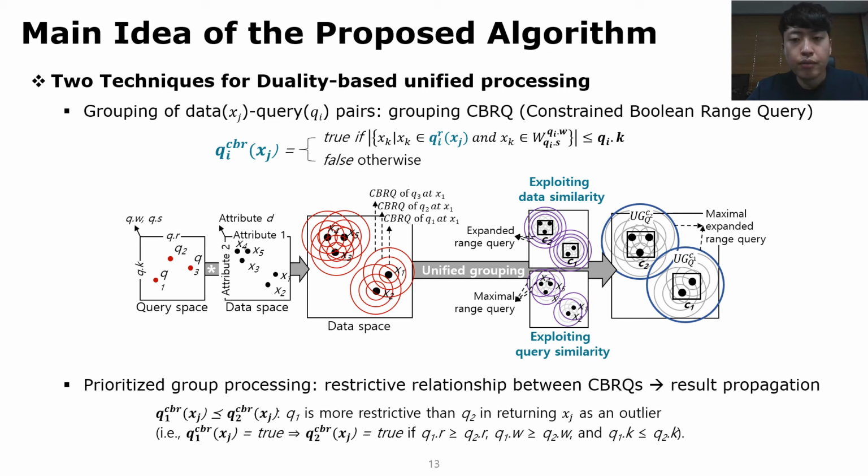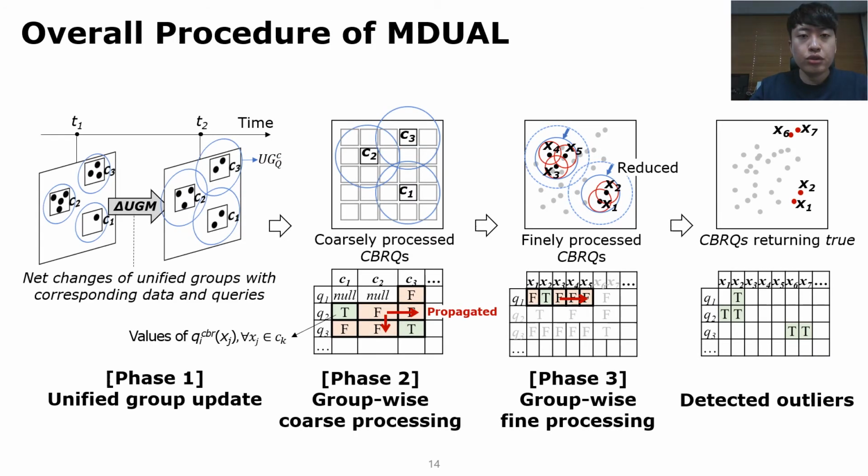So by answering the minimum number of and the most important queries first, we can propagate the result to other query-data pairs. So using those two techniques, by employing the main idea, we introduce the MDR algorithm.